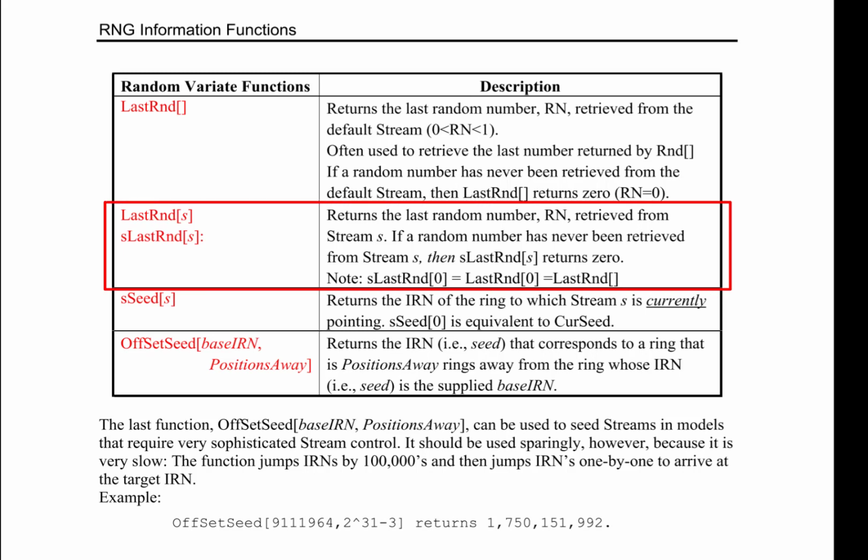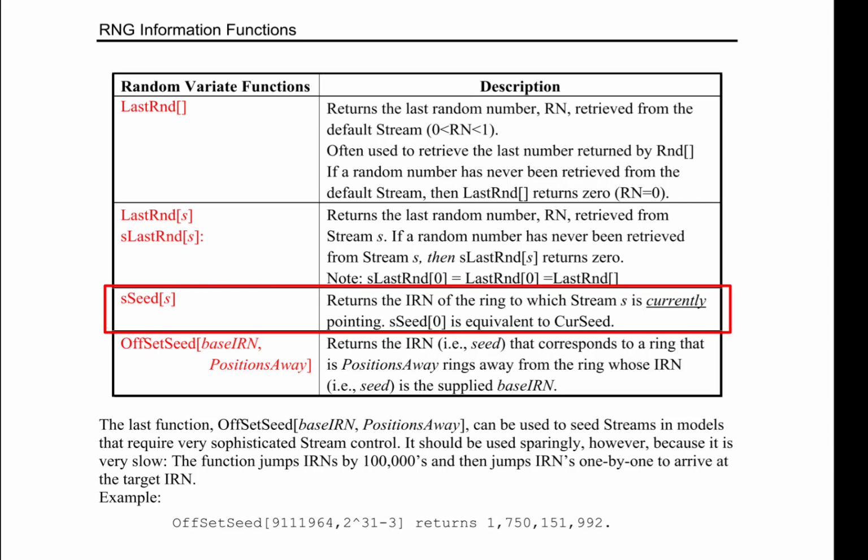Last RND with an argument S is similar, and it returns the last random number retrieved from stream S. If a random number has never been retrieved from stream S, then last RND S returns the value 0. The function sSeed with an argument S returns the integer random number of the ring to which stream S is currently pointing.